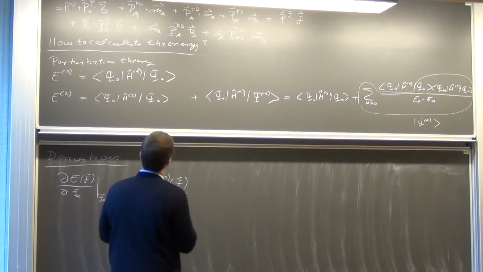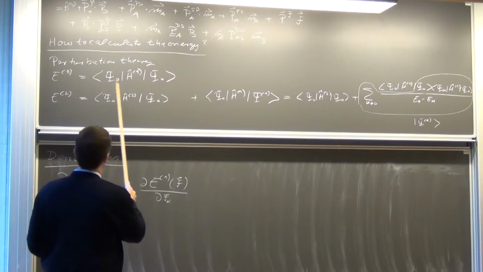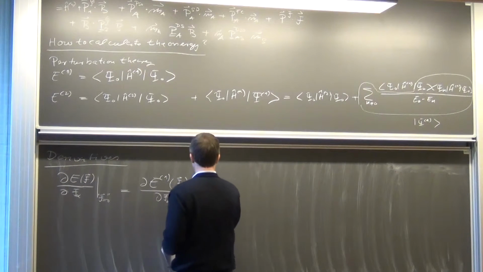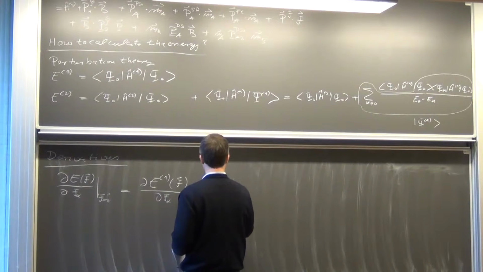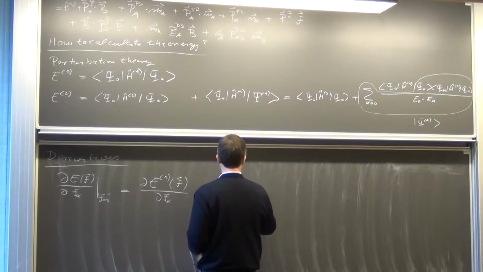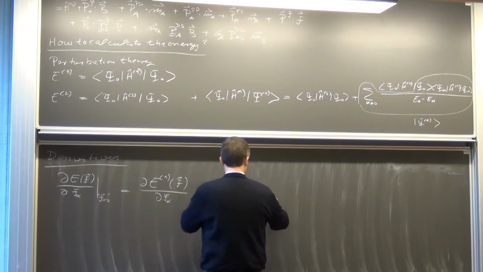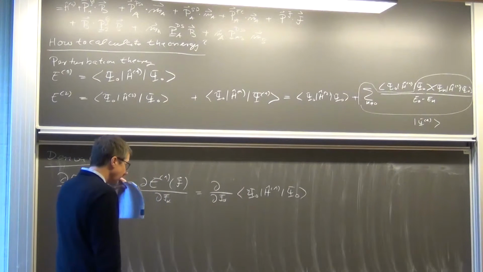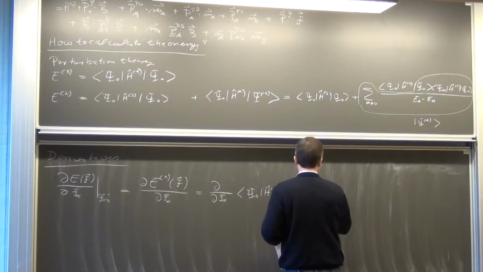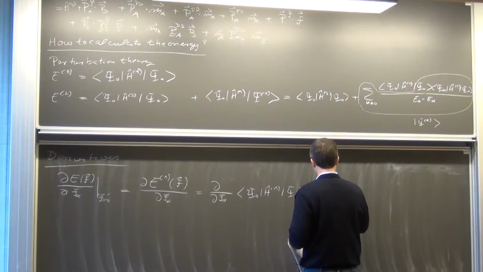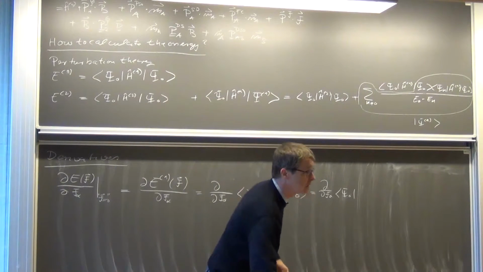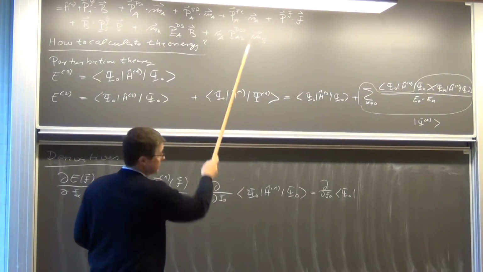That means if I take this expression here, that's my first order energy. So I take the derivative of that, the derivative with respect to the alpha component of the field of my first order energy. And then I insert my expression for the first order Hamiltonian, and let's write it in a general way.